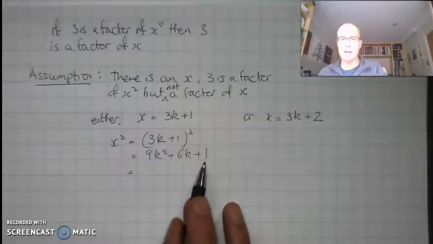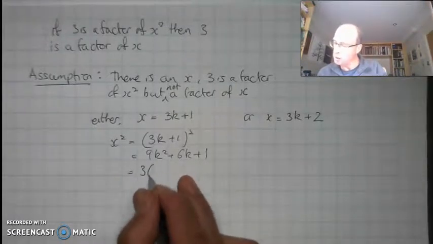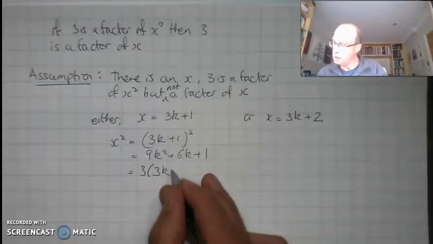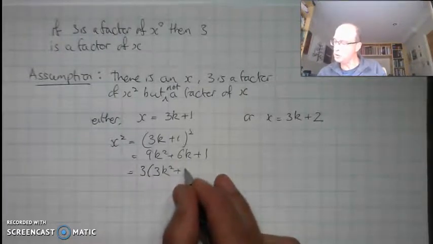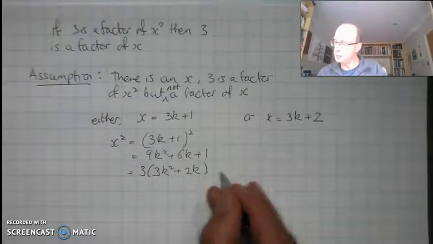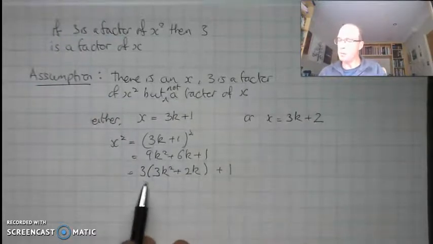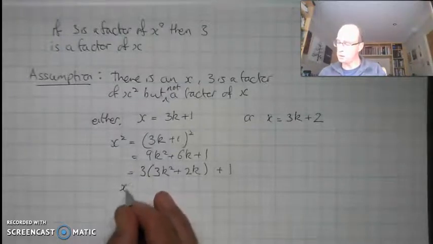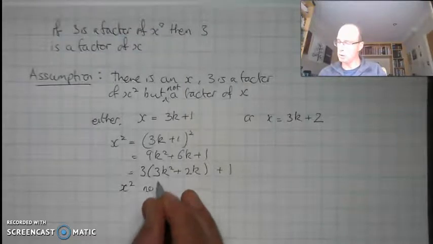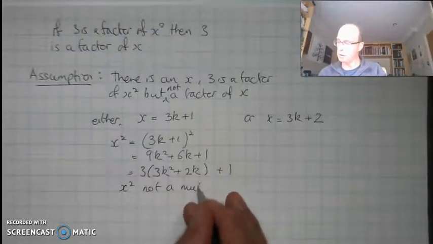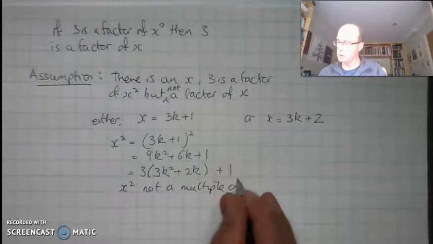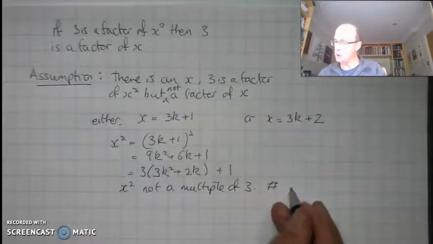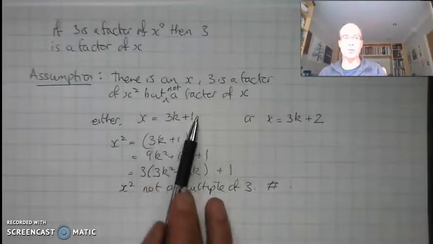If I factorise that as much as I can, I can bring a 3 outside: 3(3k squared plus 2k) plus 1. So I've got a multiple of 3 plus 1. So x squared is not a multiple of 3, so 3 is not a factor of x squared. So that's my contradiction. It doesn't work with 3k plus 1.